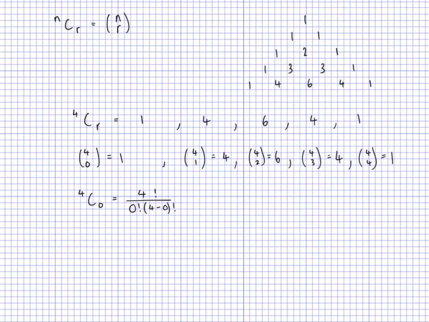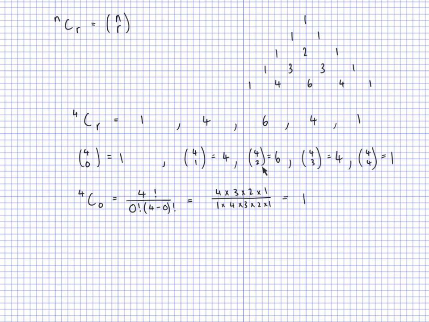So this would be 4 times 3 times 2 times 1. 0 factorial is just 1. Here we've got 4 take away 0, which is 4, and then I'll have 4 factorial again at the bottom. So I would have 1 times 4 times 3 times 2 times 1. And you can see that in this fraction, all of these will cancel each other out, and I'm just going to be left with 1.